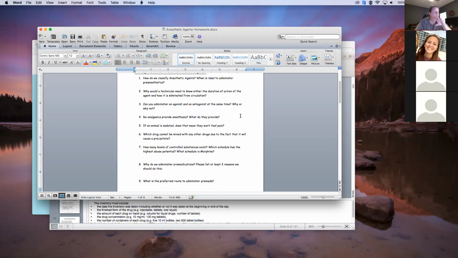And basically number 5, I've told you that if you sedate them, they can still feel something. Even if you give them ace and morphine, morphine is an analgesic. It's going to help the pain, but it may not completely make the pain go away.